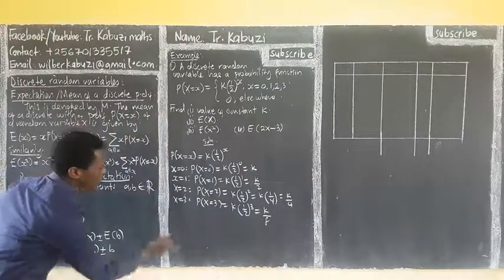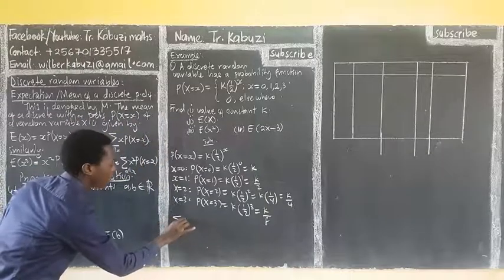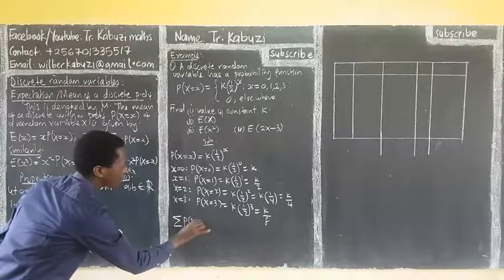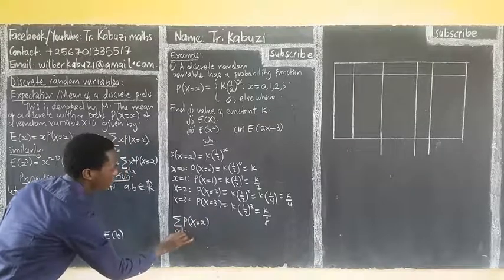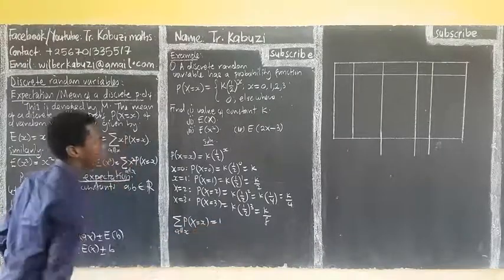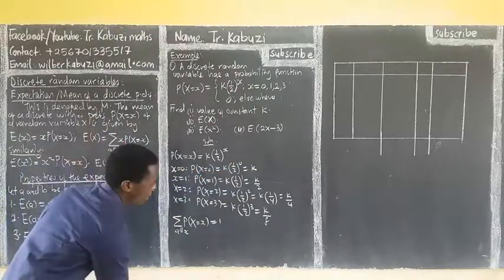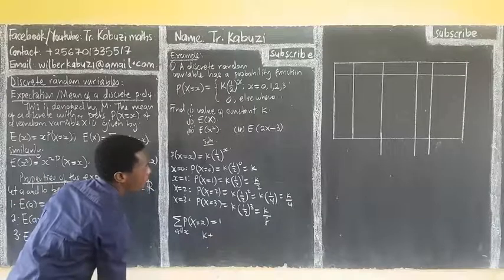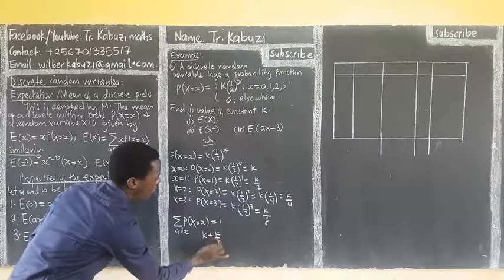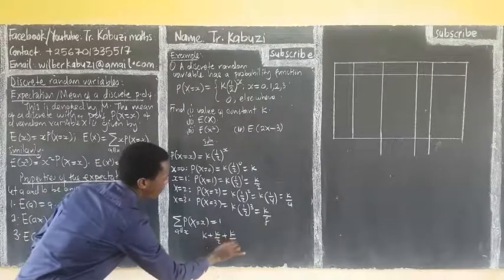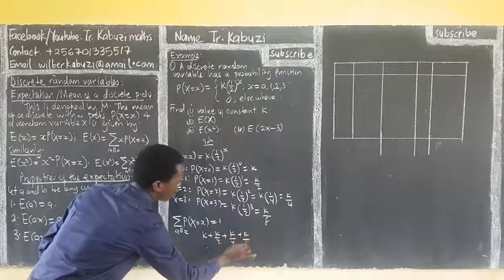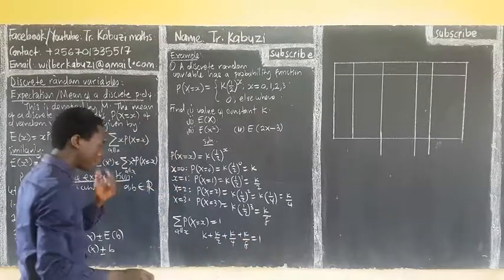The idea is very simple: when we sum all these probabilities for all these values of x, we get 1. So k plus k over 2 plus k over 4 plus k over 8 should equal 1.